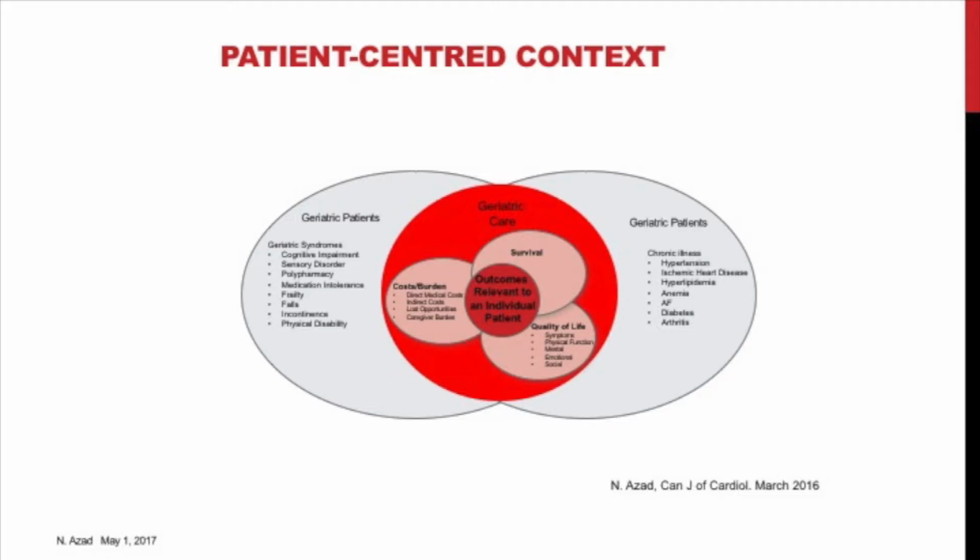However, in geriatrics, in addition to all this, what we look at are the geriatric syndromes: cognition, polypharmacy, frailty, falls, incontinence. That basically summarizes the whole package of geriatric care and approach to individuals in frailty.